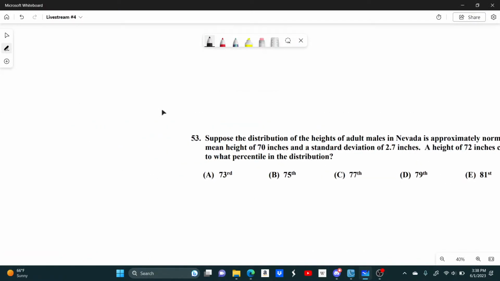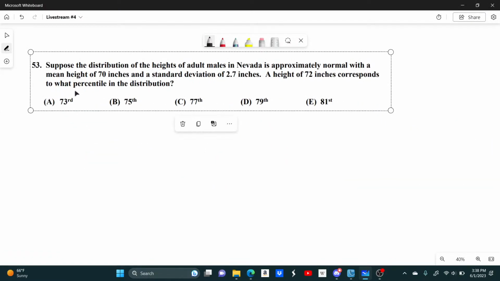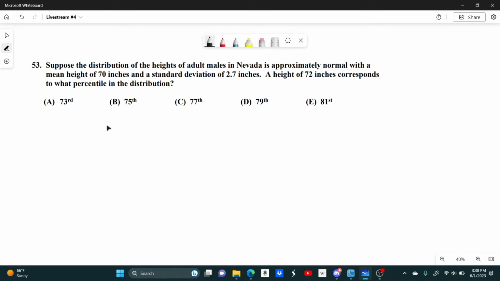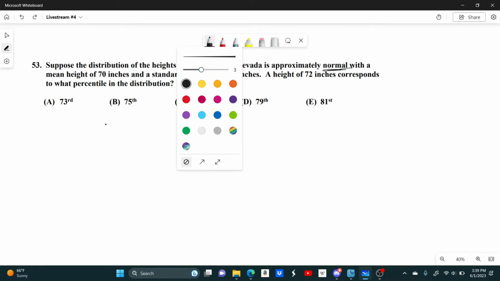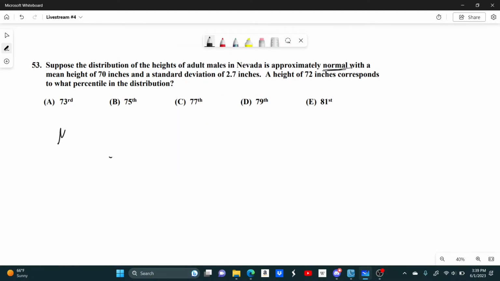Alright. It says, suppose the distribution of the heights of adult males in Nevada is approximately normal. Okay, so we got a normal with a mean height of 70 and a standard deviation. Let me make this pen a little thicker so it's easy to see. So we got a mean of 70 and a standard deviation of 2.7.